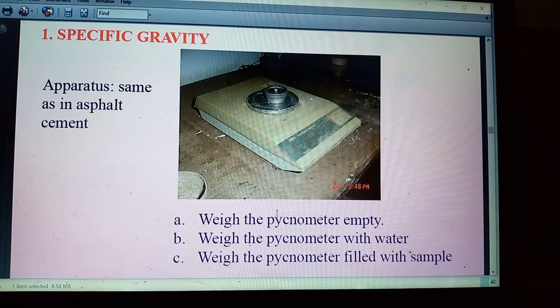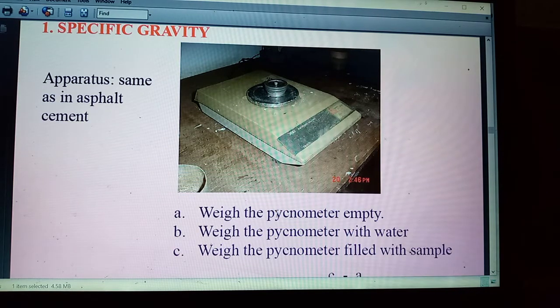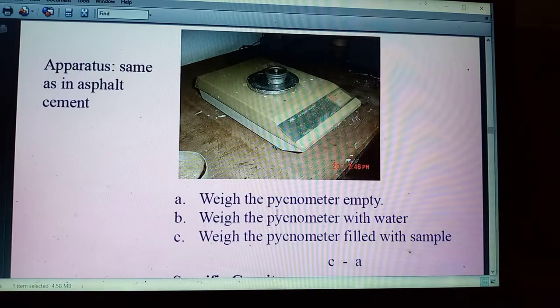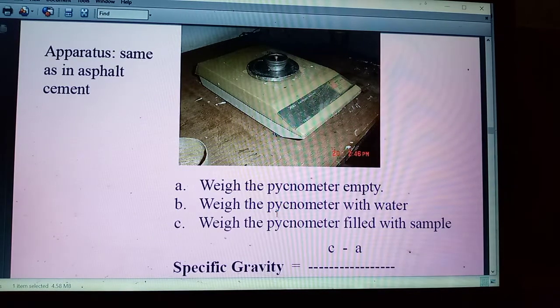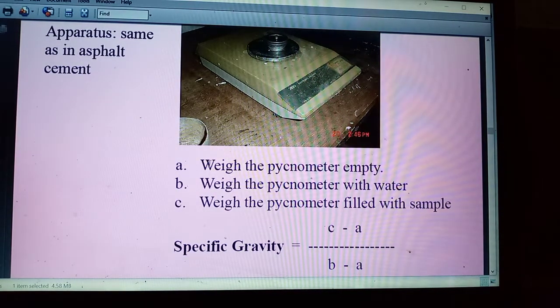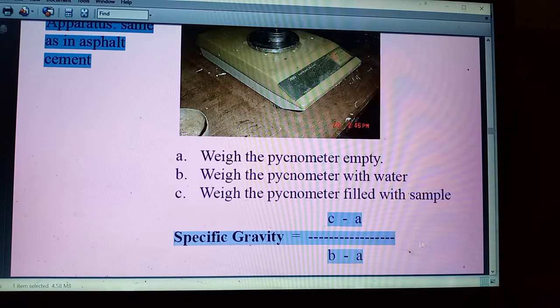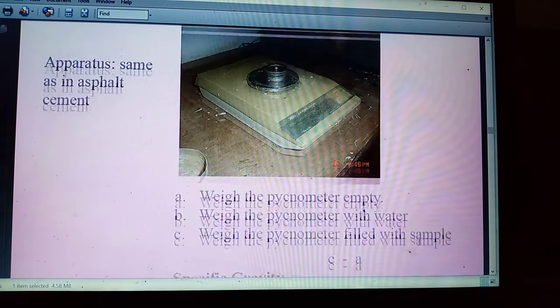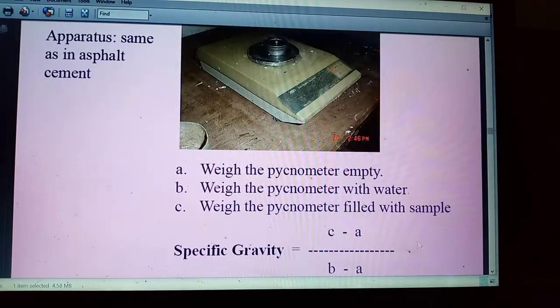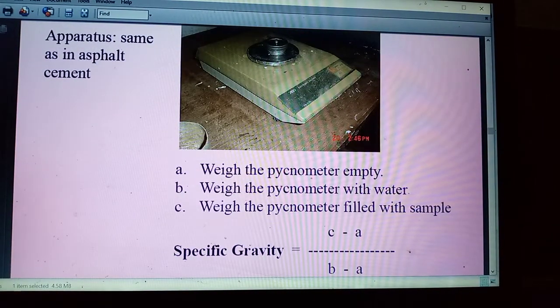Okay? So, ganun pa rin, weigh the picnometer with water, and weigh the picnometer filled with sample. Okay? Yung result nito, ito yung gamitin mo. Medyo iba yung formula niya doon sa emulsified asphalt. So, pag-measure ng specific gravity, ito yung picnometer at ito yung weighing scale or balance.